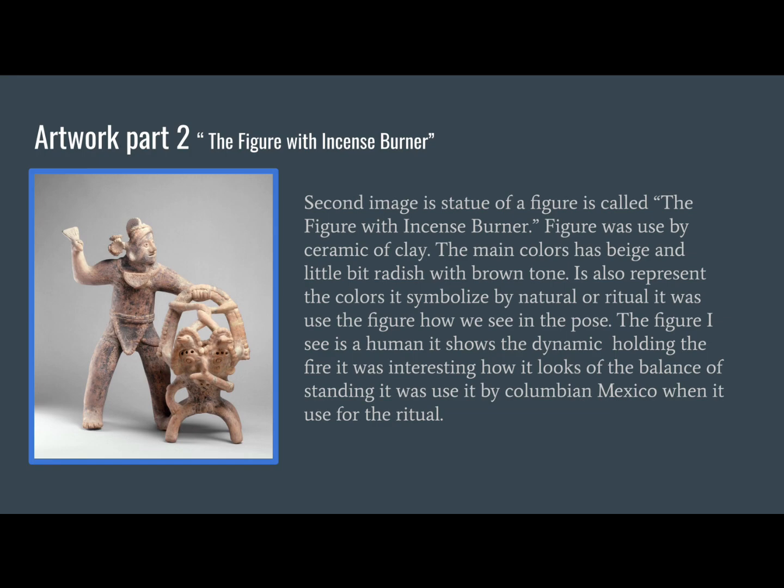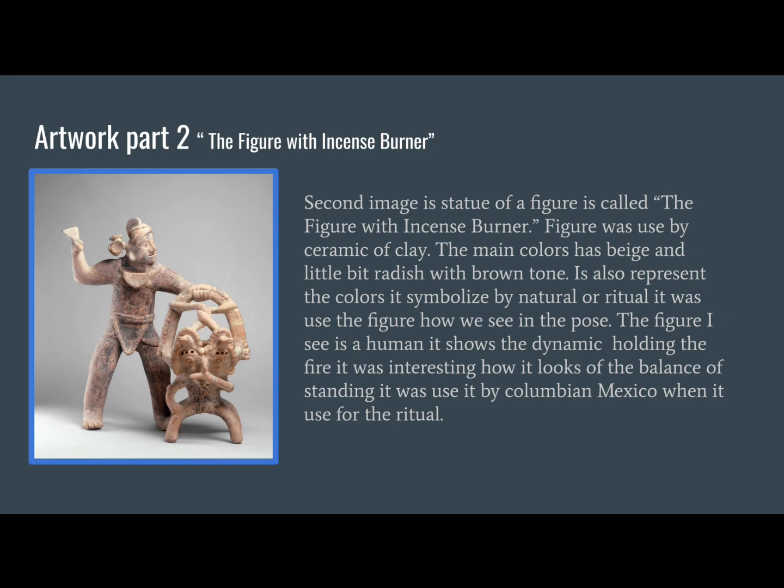Alright, so we finished the detailed description again. Again, I'm not going to read this whole essay for you, so I'm going to skip the main colors. It also represents colors symbolized by natural ritual. The pose shows the figure as human and dynamic, holding the fire, which sounds interesting.